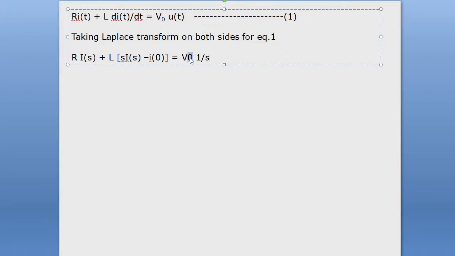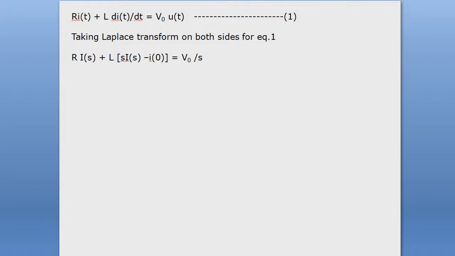If you take the Laplace transform of the function, you just write V naught by s. The initial value is I naught, yes, you are right. So now you write the Laplace transform of equation 1.